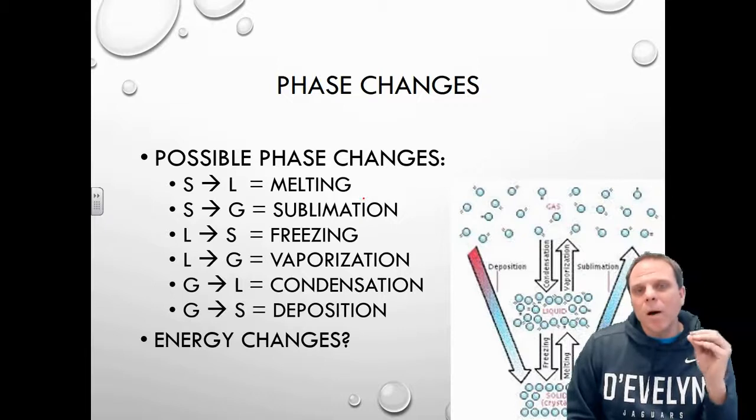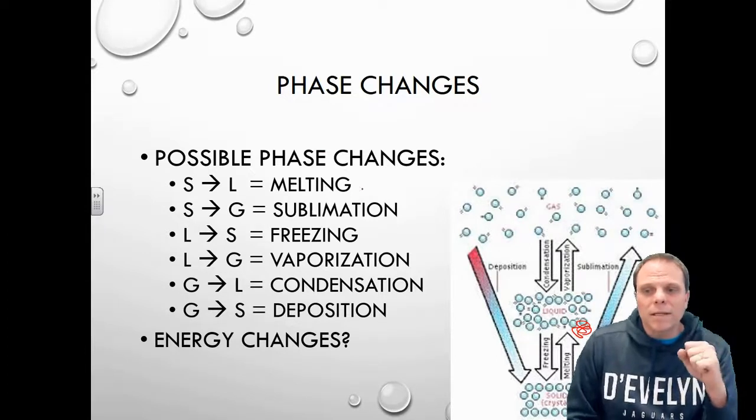Well, again, think about what's happening to the actual particles. You're going from these solid particles that are not moving around very much at all, and then you get to a point where they are moving around more in the liquid state. And so you're going to have to add energy to them in order to get them to move around more.